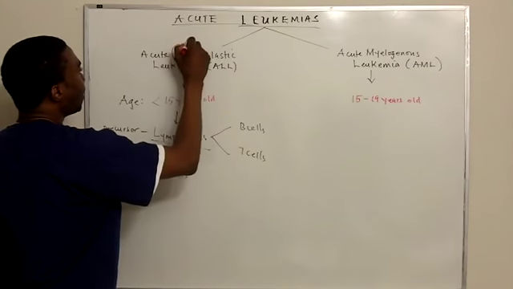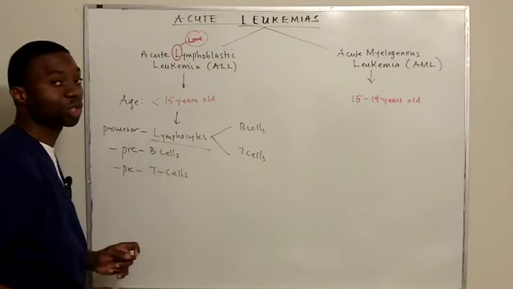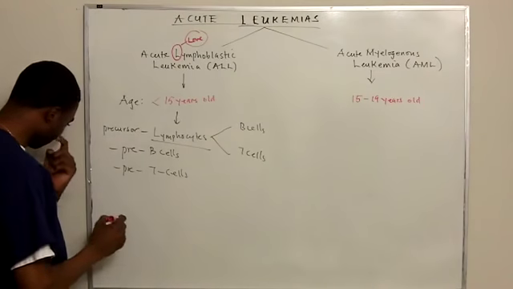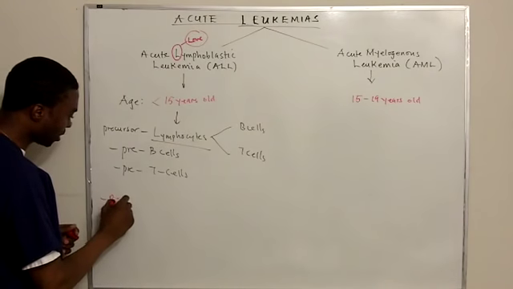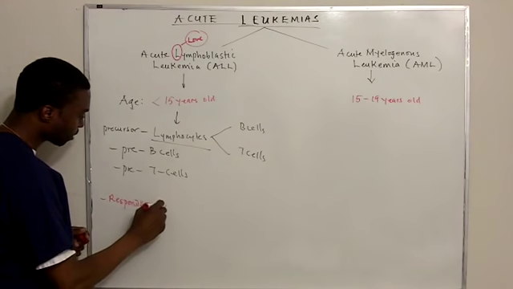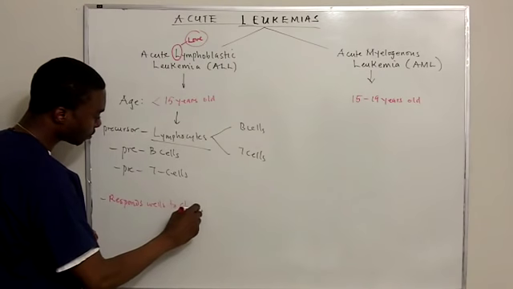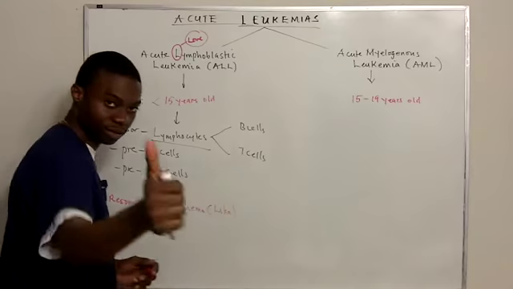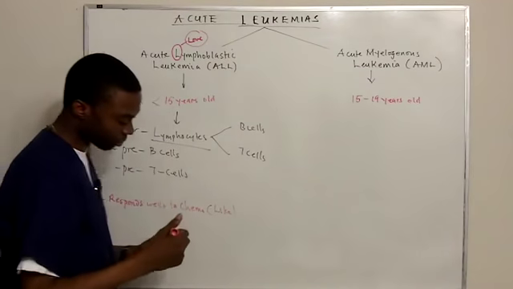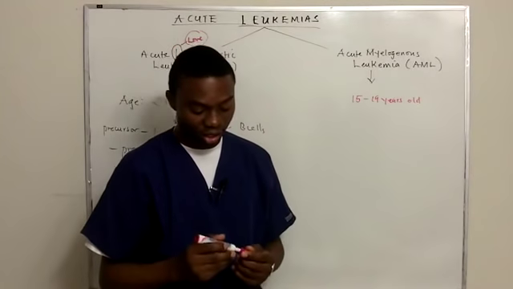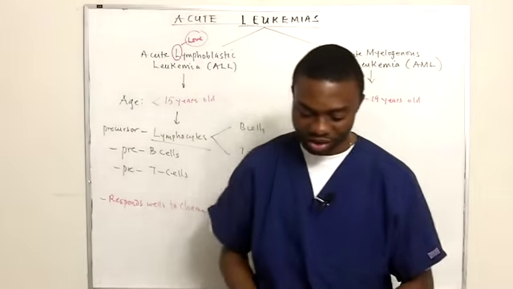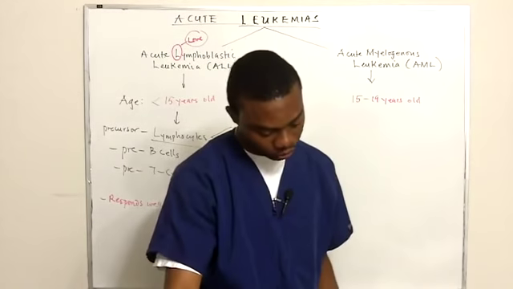L stands for love, or likes to respond to chemotherapy. So it responds well to chemo. Just put the like button. Good. Because when I get to AML, I'll tell you it's not very, very responsive to chemo.